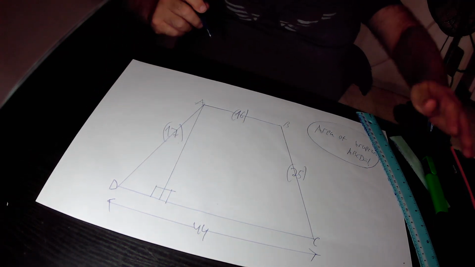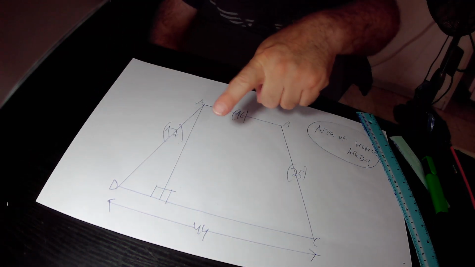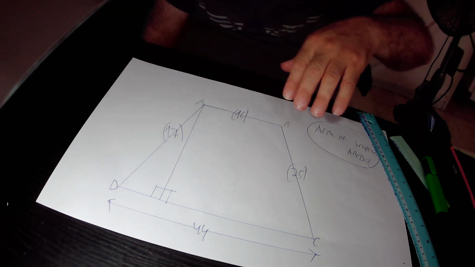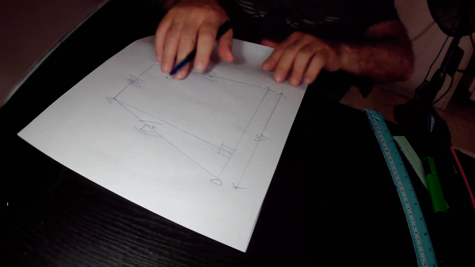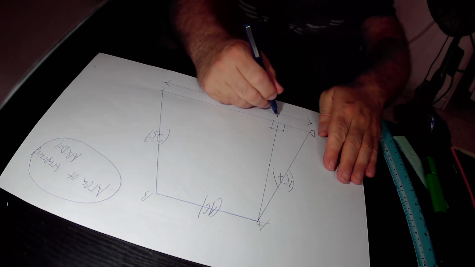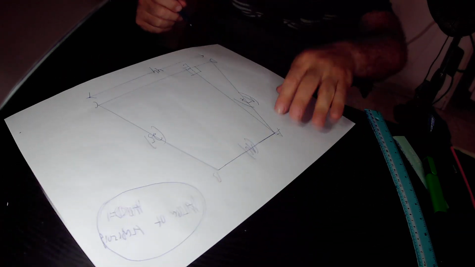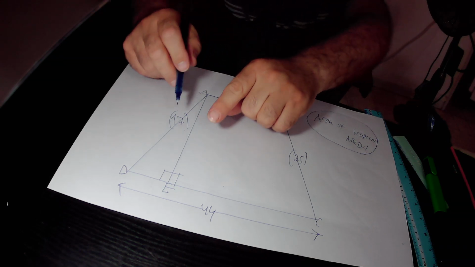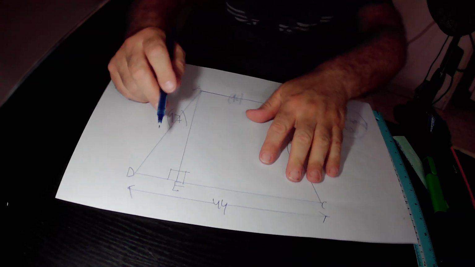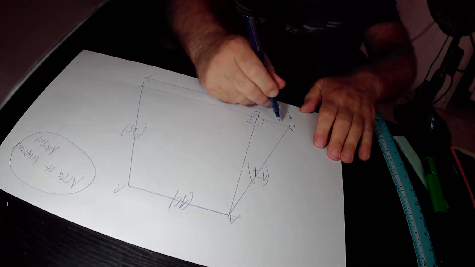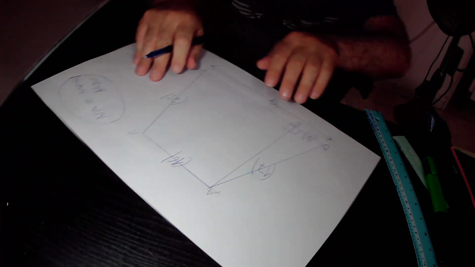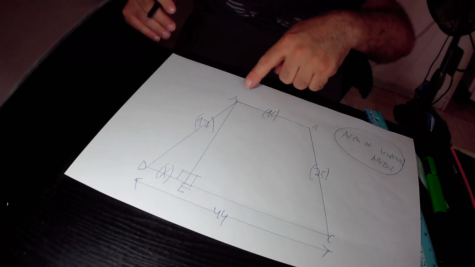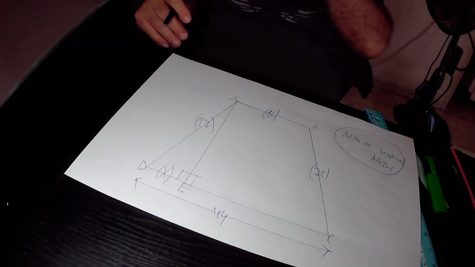We will define the touching point of the perpendicular from point A on DC. This point is point E. We will define this line as x. And we will also define the line segment of side AE.